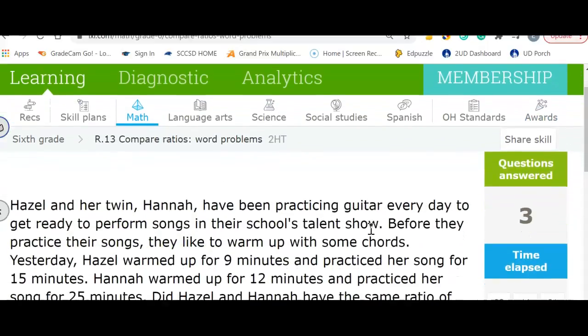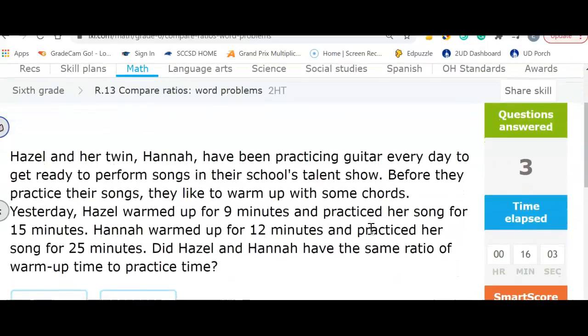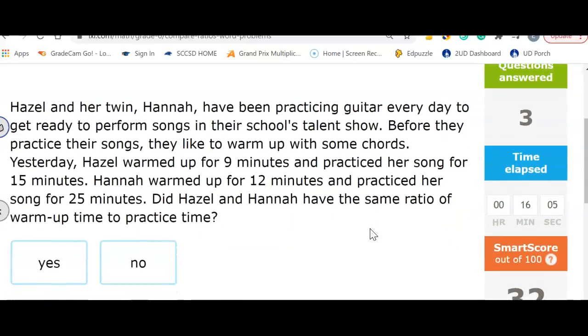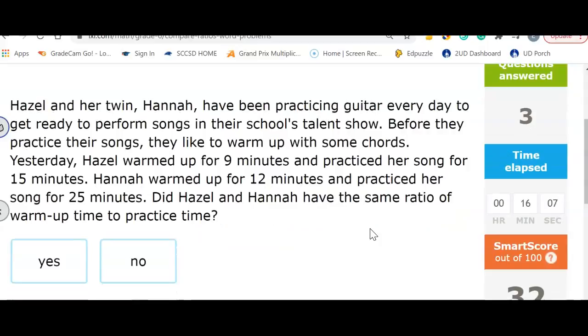Okay, try this one. When read to this, are the ratios the same or equivalent? So please put your calculators down, pencils down. I want you to look up here. What is one of the ratios that you got?